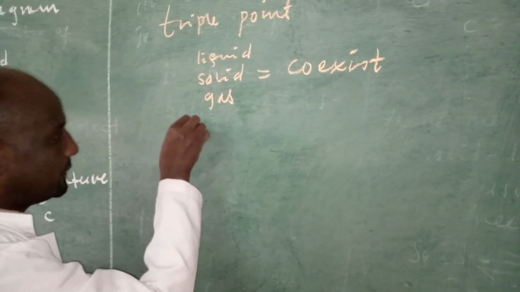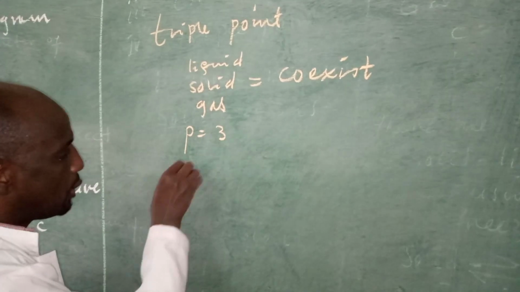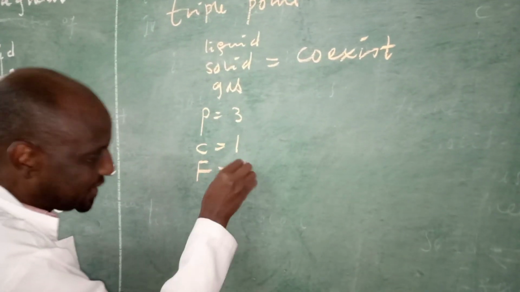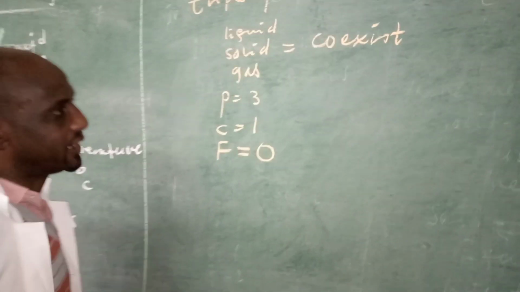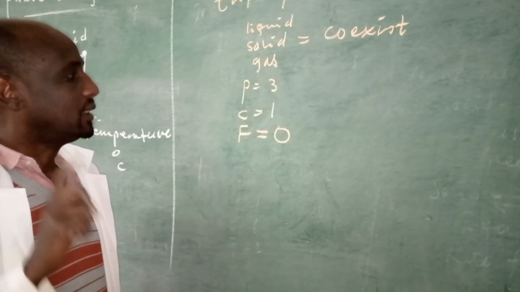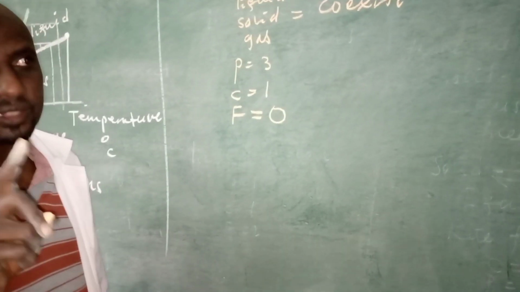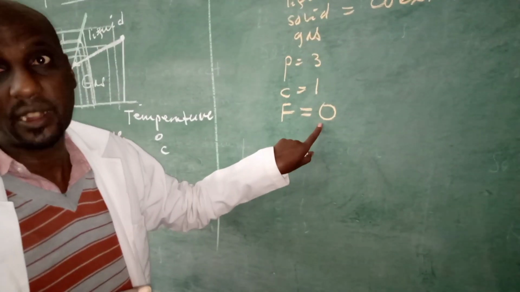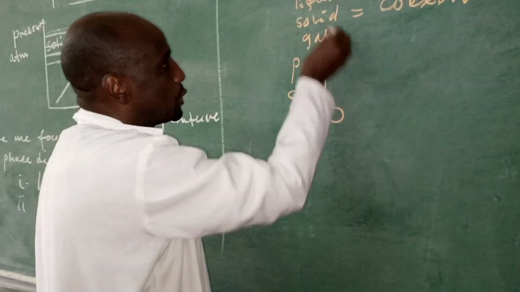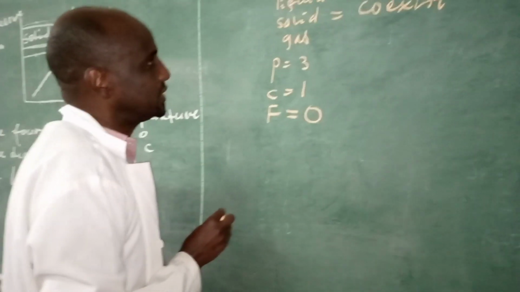Here, the phase is 3, the component for a pure substance is 1, and the degree of freedom is 0. That means it is just a unique point for a given substance. It is only one point. That's why the degree of freedom is 0. Now, the three forms coexist here at the triple point.